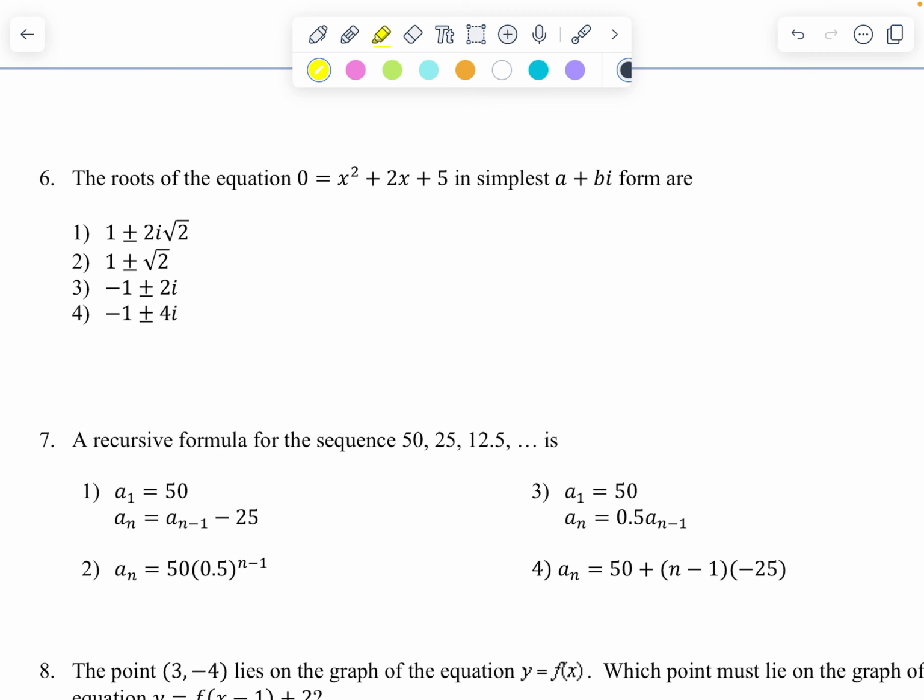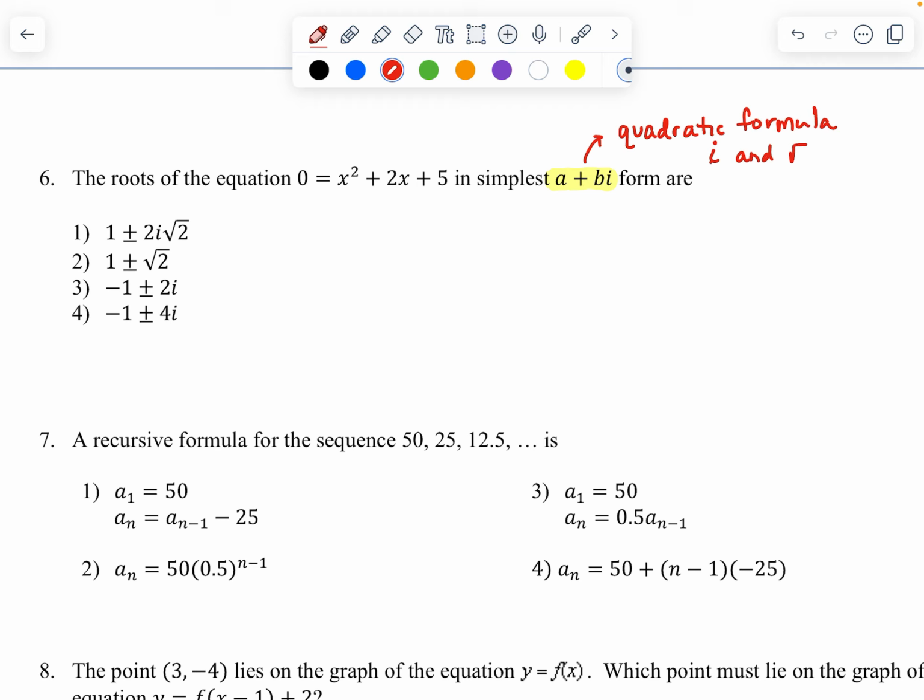Number 6. What are the roots in a plus bi form? A plus bi form automatically means that we are using the quadratic formula. Now, if you have a brain fart, I would choose any answers that have an i in it and a radical in it.